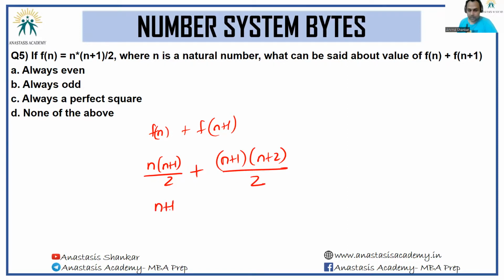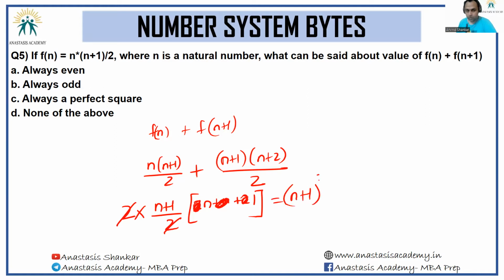You take n plus 1 by 2 common, you're left with n plus 2, which is as good as 2n plus 2. You take out 2 common, you cancel this, effectively you're left with n plus 1 whole square. What can be said about the value of fn plus 1? Answer has to be always a perfect square.